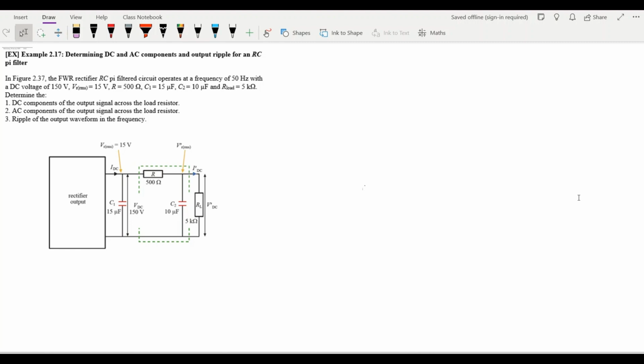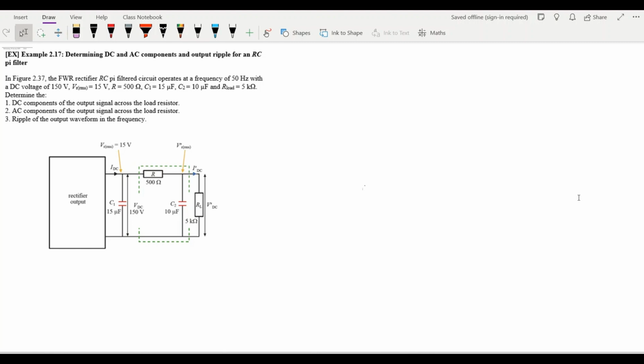In figure 2.37 below, the full wave rectifier RC pi filter circuit operates at a frequency of 50 Hz with a DC voltage of 150 volts and a V ripple RMS of 15 volts, whilst we have a resistor of 500 ohms, C1 being 15 microfarads, C2 10 microfarads, and the load resistor being 5 kilo ohms.